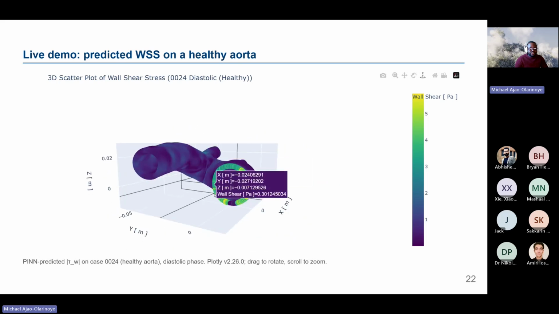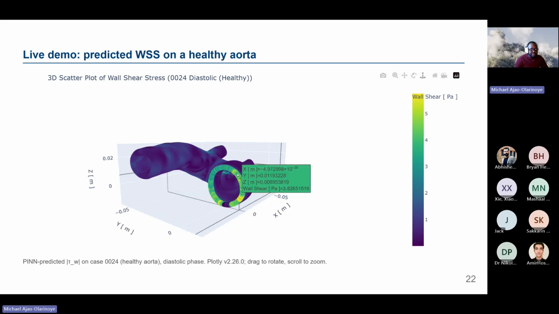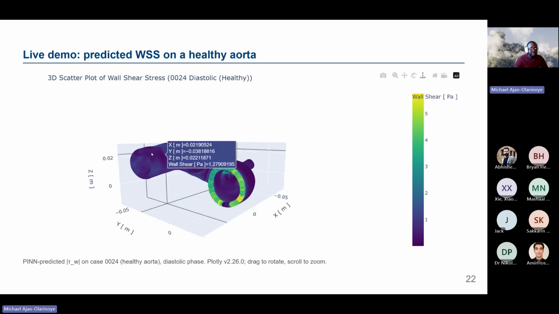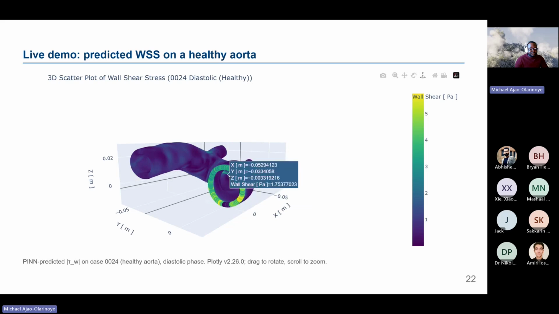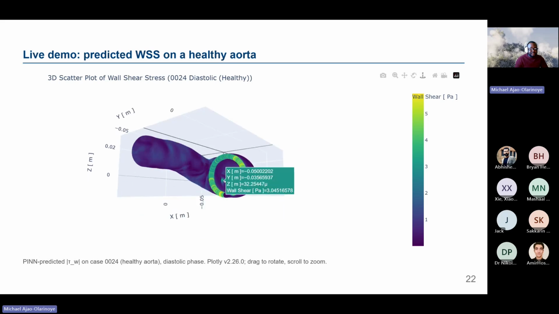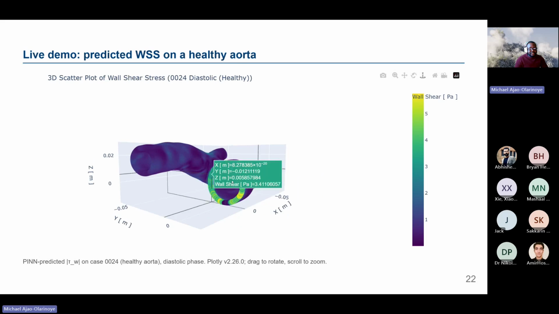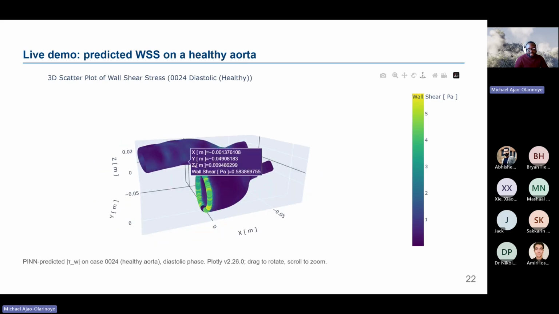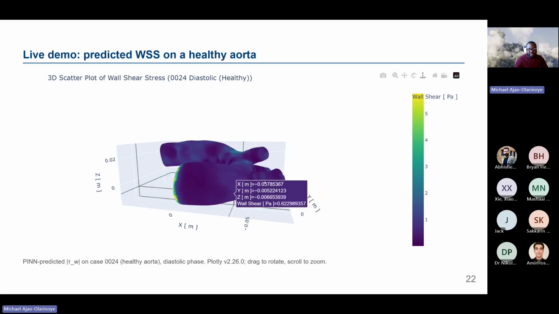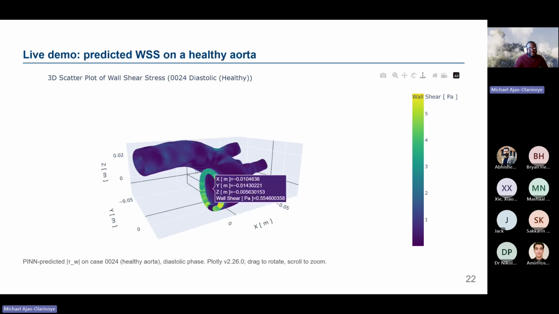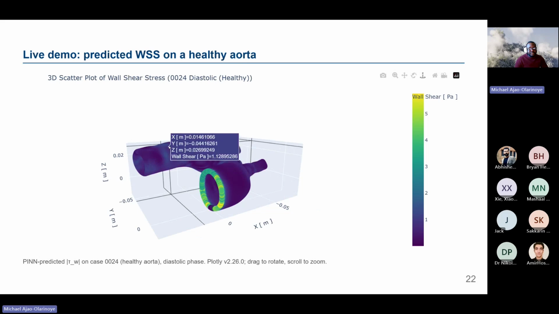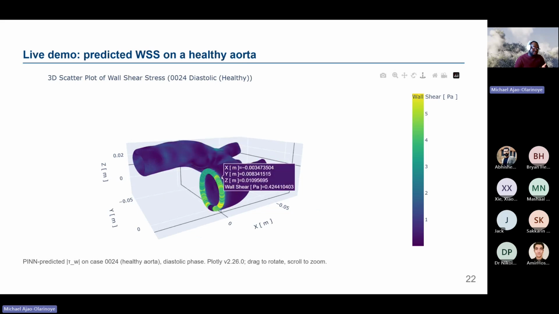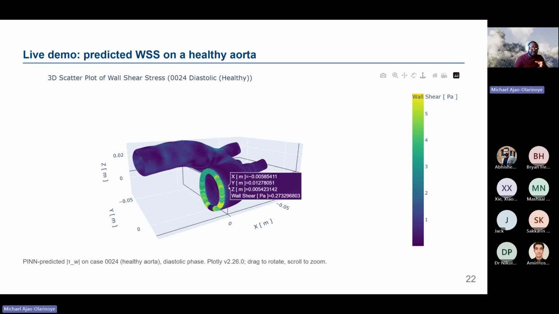So if we are able to sample at this point to generate the full geometry, and sample at the interior points and also the exterior points, given the boundary conditions of the inlet and the outlet, and also given the boundary conditions of the full data, and sample at random points in it, we are able to produce what the specific wall shear stress parameter is going to be.